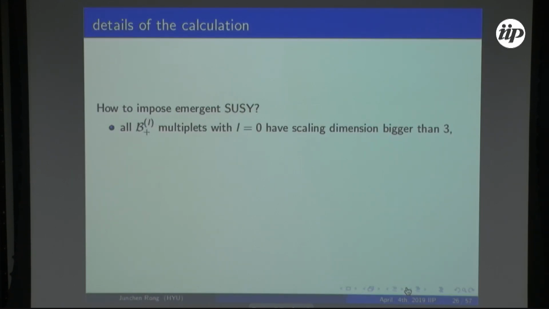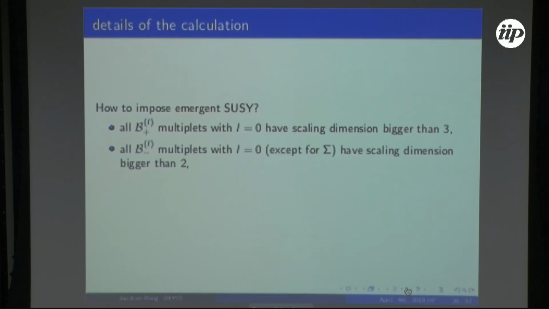How do we impose emergent supersymmetry? Remember, my notation is that boson plus means the primary is a boson and it's plus. That means my boson plus multiplets all have to have scaling dimension bigger than 3. That means my boson minus needs to be bigger than 2, because its descendants are time reversal invariant.